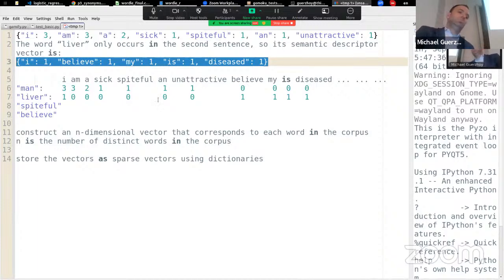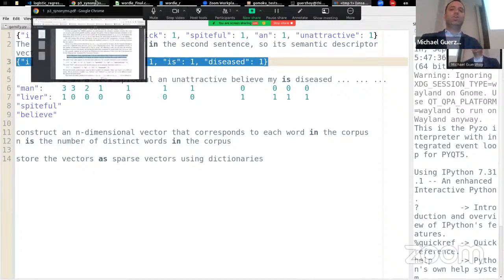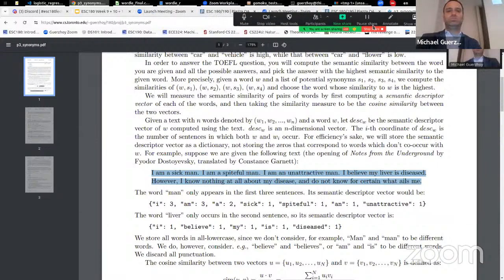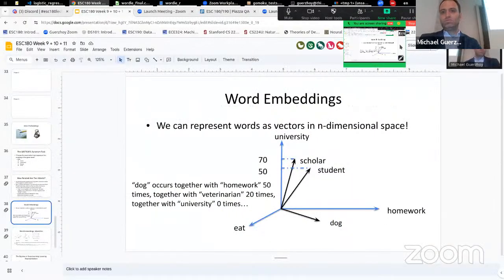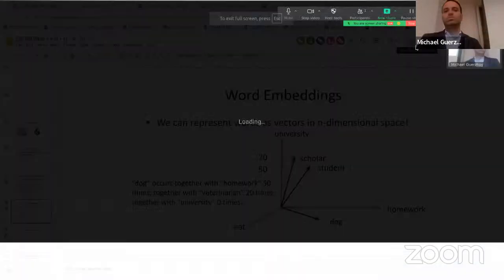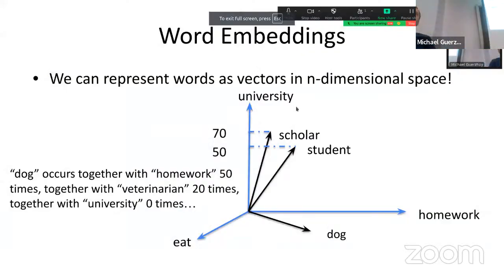So now that we're here, let's go back to the graph.